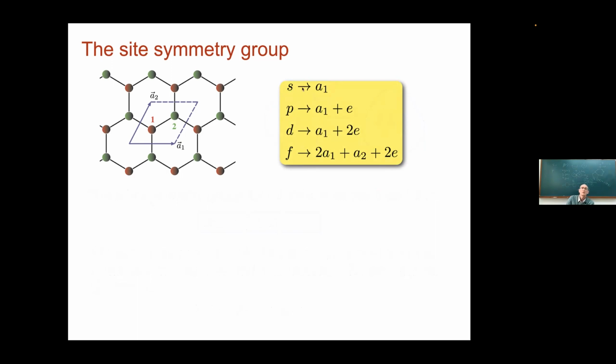To be more concrete, remember that when we studied subduction, we obtained this table. An S orbital becomes an A1 orbital. This, which would be degenerate, 3 orbitals, this degeneracy is partially broken, and you get an A1, which is non-degenerate, and an E, which is twofold degenerate, etc. And in fact, what happens is that an S orbital transforms according to A1, but so does Pz.